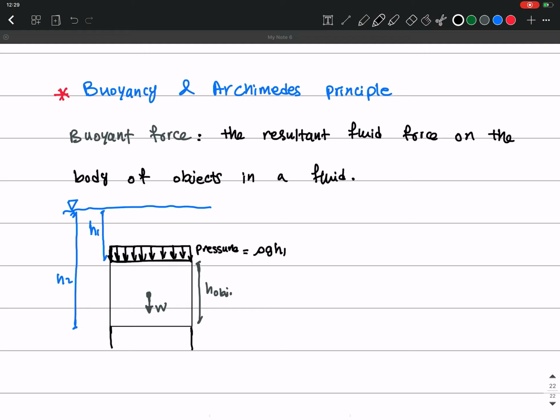So on the bottom plate, this is going to be pressure, which is equal to rho g h2. So the total force on this side, I can show as F1 on top, and F2 at the bottom.